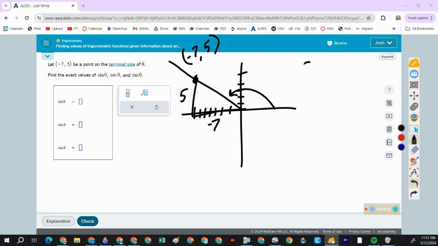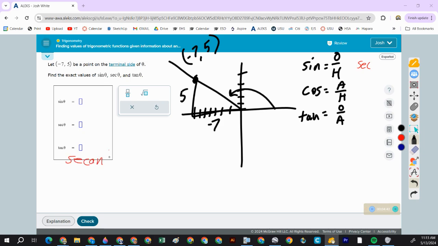So remember, sine is O over H, cosine is A over H, tangent is O over A. But there are 3 more functions that we haven't talked about yet. Let me write them out so you know how to pronounce them.